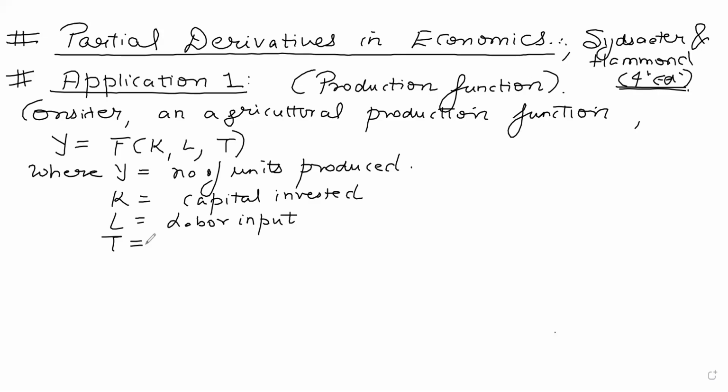And T denotes the area of the agricultural land used. So basically, we have output as a function of 3 inputs: capital, labor, and area of agricultural land used. K, L, and T.